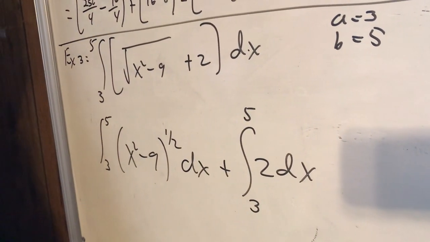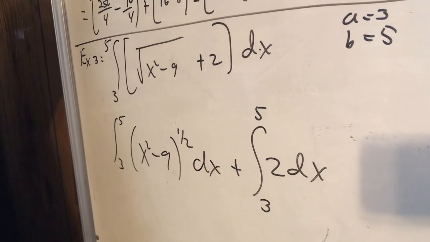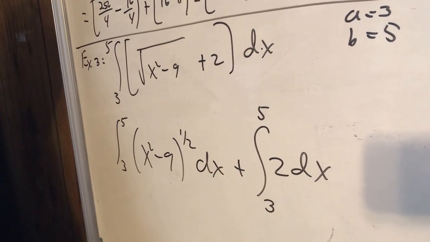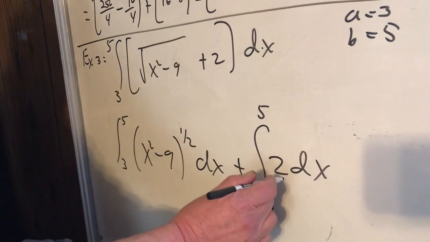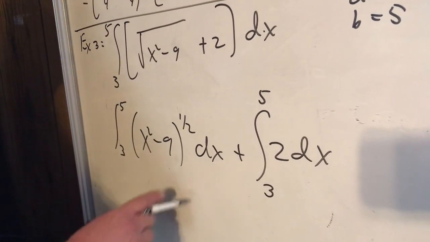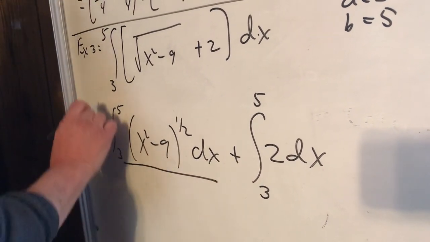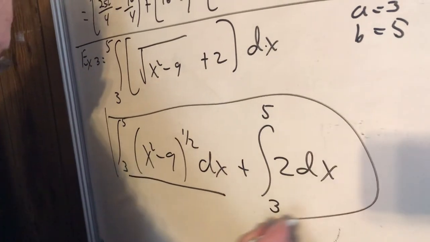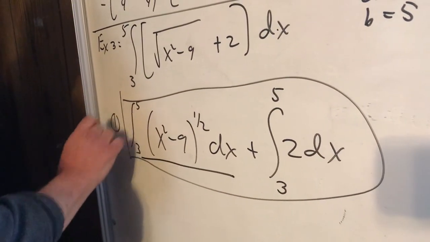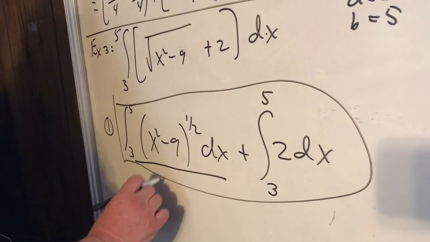And each separate one gets their own constants. Okay. So now we know that the derivative of this is simply 2x. But this is a chain rule, right? So you want to look at this. We'll put this in and we'll call this 1. So let's work on actually this integral here.